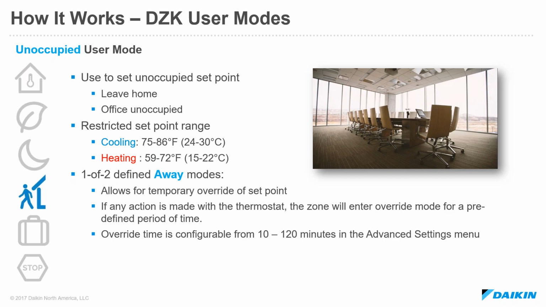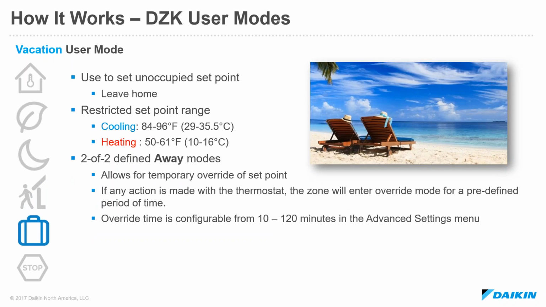But if somebody wants to locally override the set point, the away modes allow for this temporary override. That is a configurable override anywhere from 10 to 120 minutes in the advanced settings menu of the DZK. Once that override time has elapsed, the DZK will resume the programmed unoccupied user mode set point. So using the unoccupied user mode is an easy way to allow the DZK to set back its operation, but also allow for that temporary override.